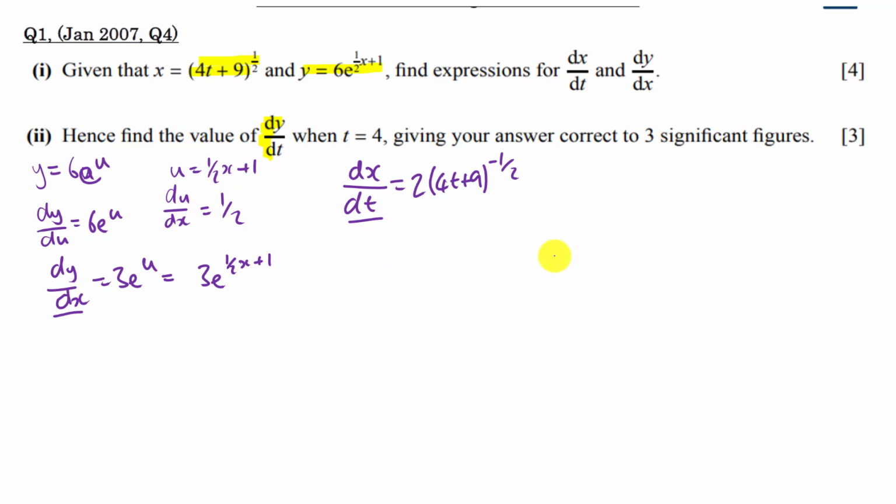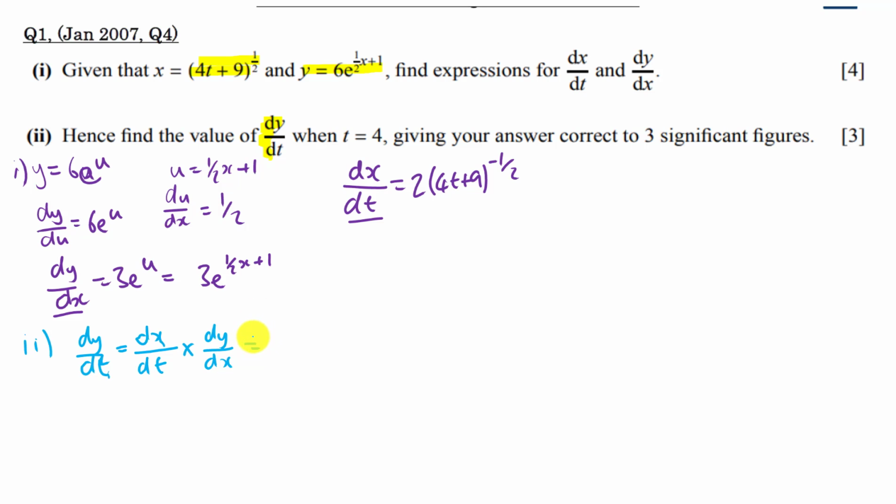So for part 2, that's part 1. Let's change colour for part 2. So what have we got to do for part 2? Well, dy dt is going to equal dx dt times dy dx.